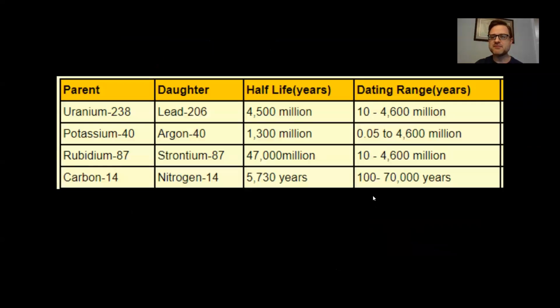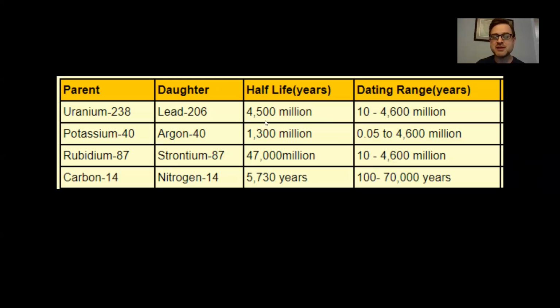Different elements have different half-lives. I put 3 here on the screen. Uranium-238, which decays into lead-206. So the parent isotopes are unstable. The daughter ones, in this case, are stable. So uranium-238 decays into lead-206. The half-life is 4,500 million years.